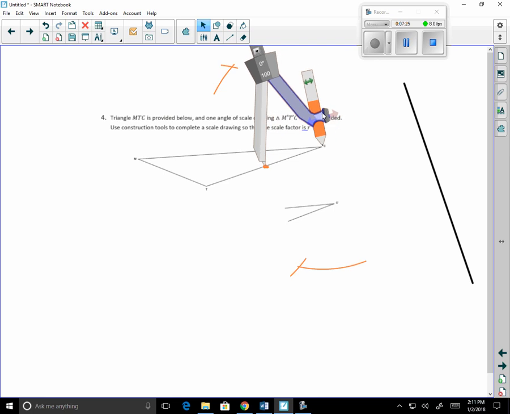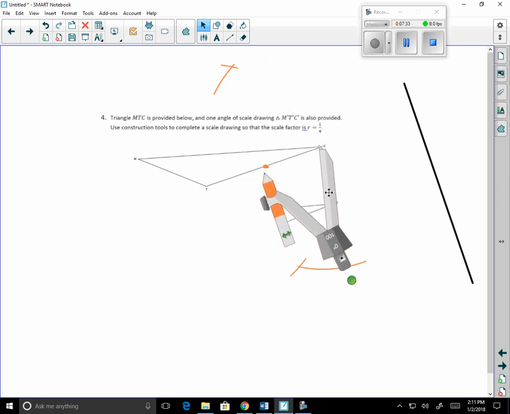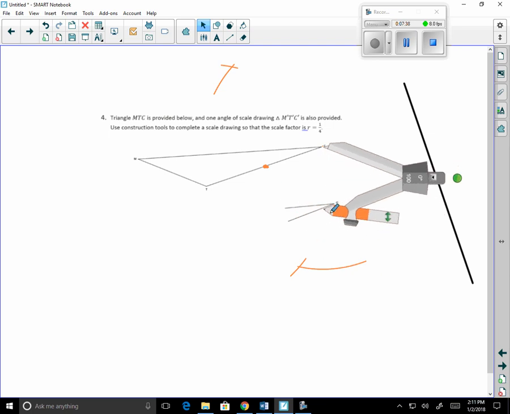I need to do the same thing for that new point to C. So again, I really don't need full circles here. I could just do portions of a circle or half circles or whatever you want to do here because they kind of overlap, which again I know is annoying.